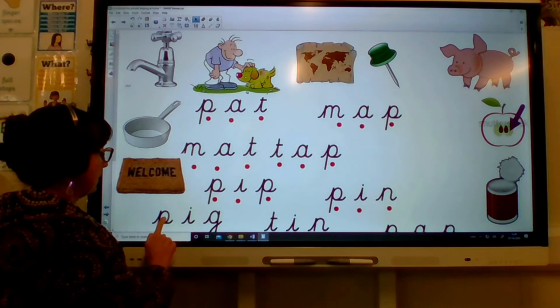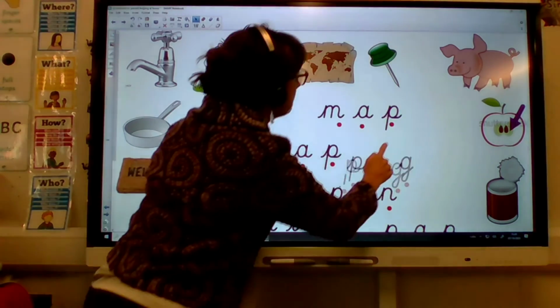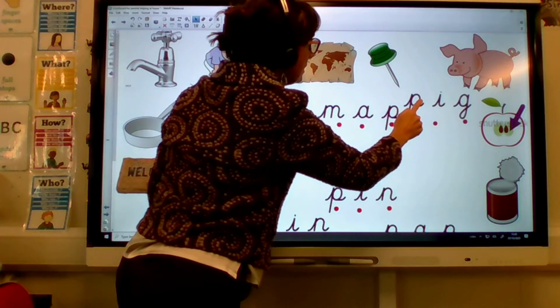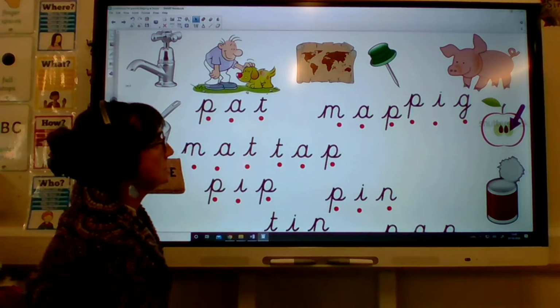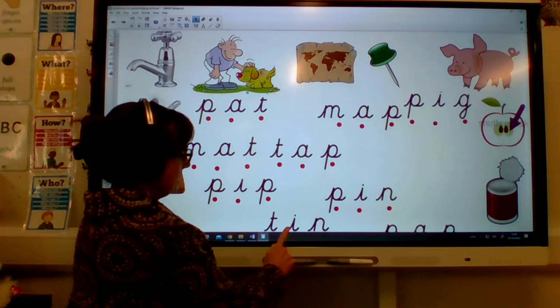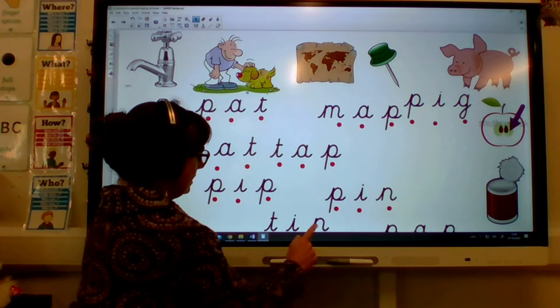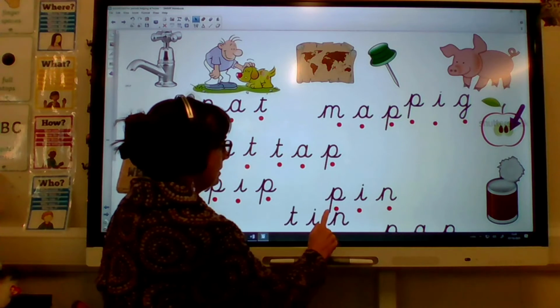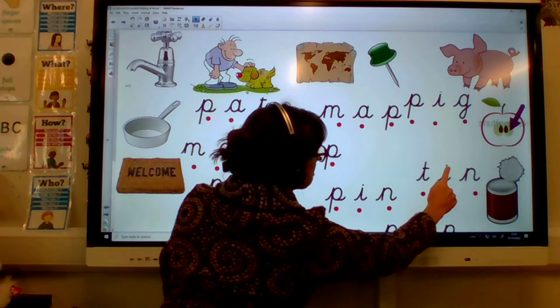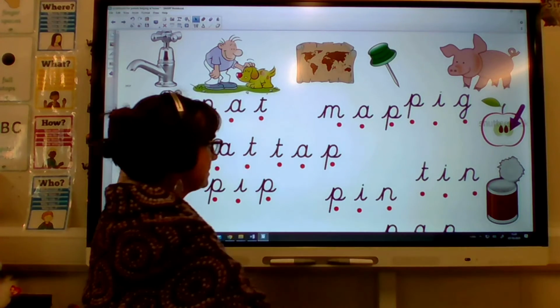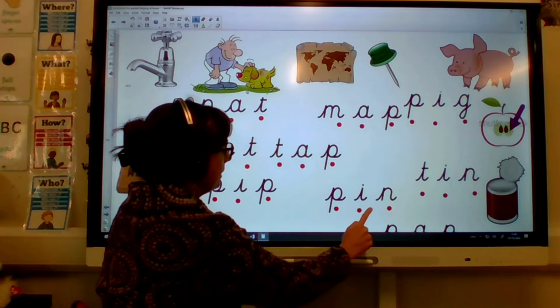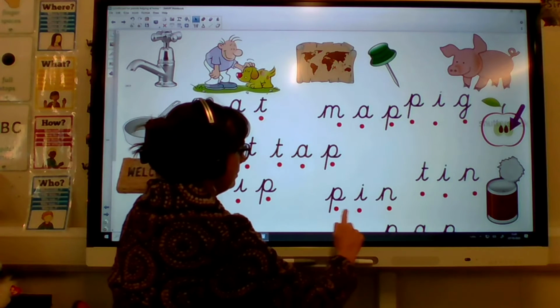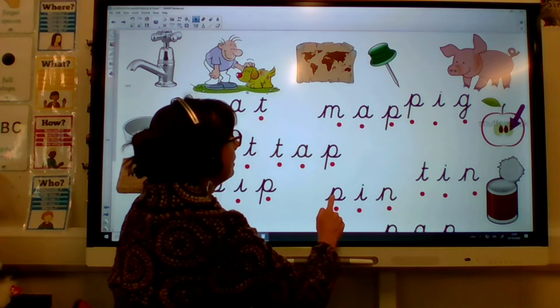And we're going to be matching those words with the pictures on our board. T, in, tin, tin. And we're going to be matching, looking at those sound buttons. P, in, pin.